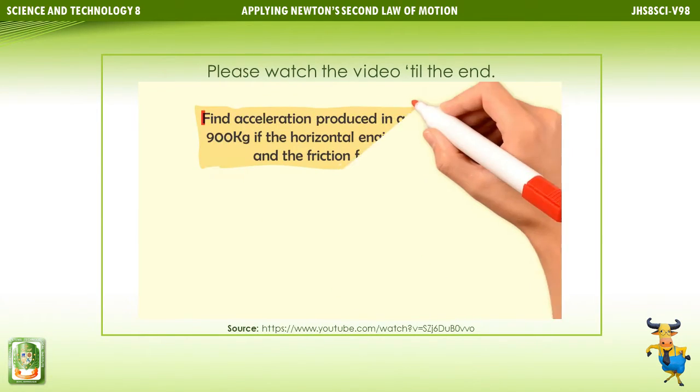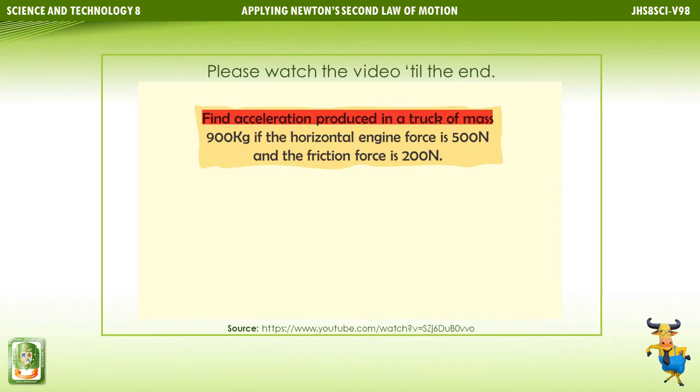Lastly, find the acceleration produced in a truck of mass 900 kg if the horizontal engine force is 500 Newton and the friction force is 200 Newton. Now read it for highlighting variables. Find acceleration. So we have to find acceleration a and highlight it.